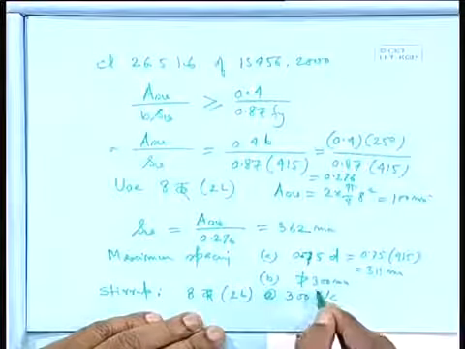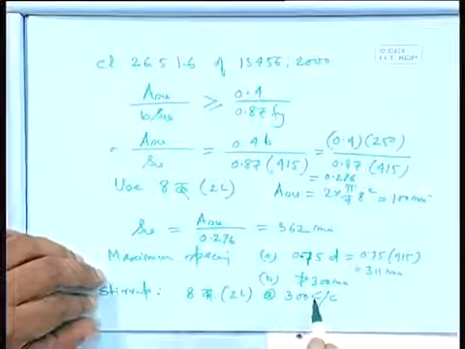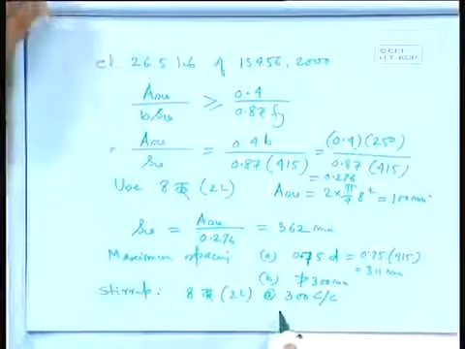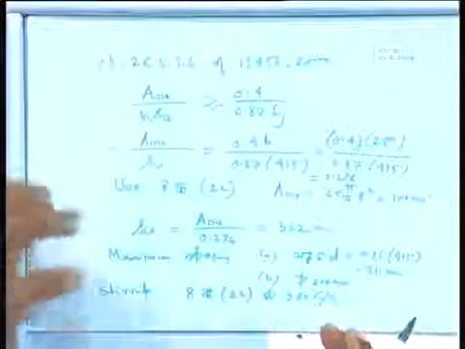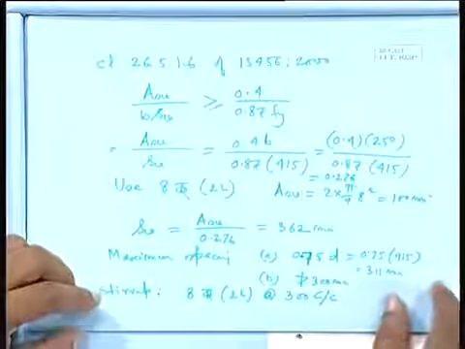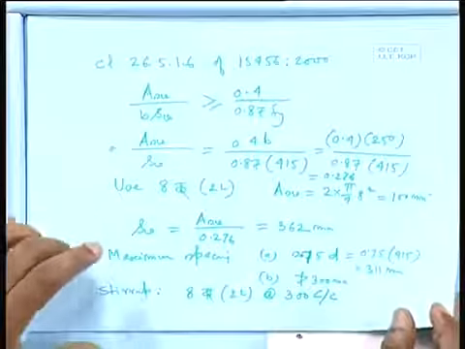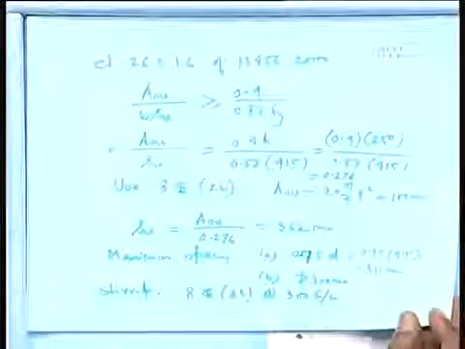So, we have to provide 300. So, 8 torr two-legged at the rate of 300 center to center, that we have to provide, that is the minimum nominal reinforcement. So, in your problem which you have been given, you have to calculate according to these steps. Okay.